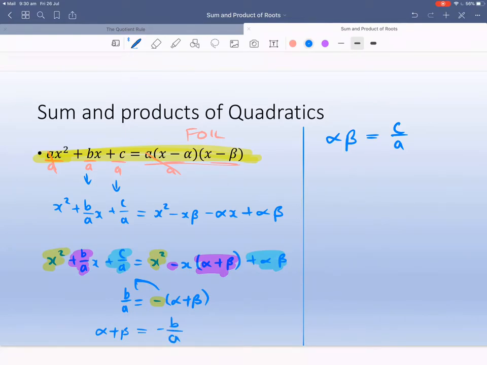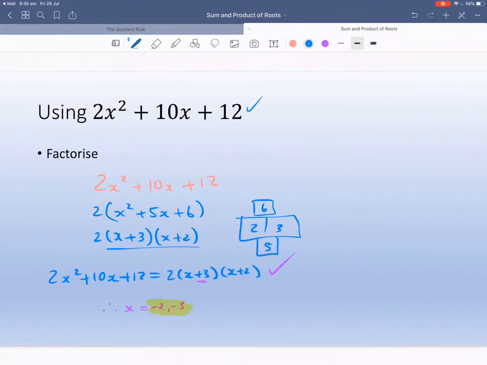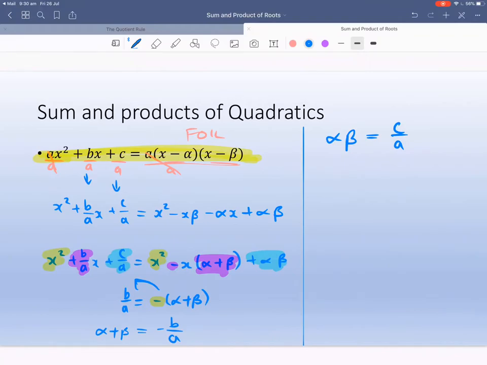Now, what were alpha and beta? They were just the roots. In the last question, alpha and beta were -2 and -3. Okay? So if I had -2 and -3 and I multiply them together, so -2 times -3, what do I get? I get +6.